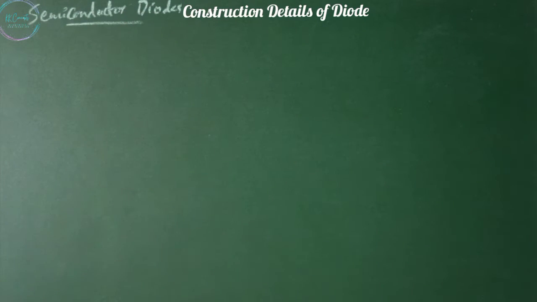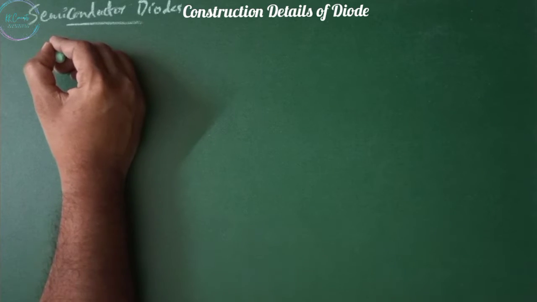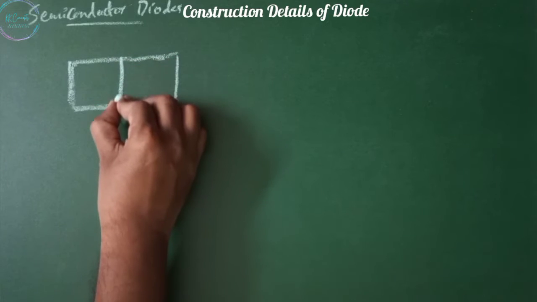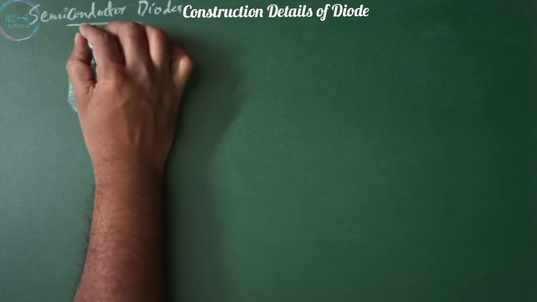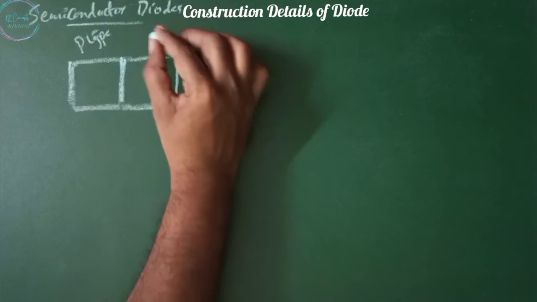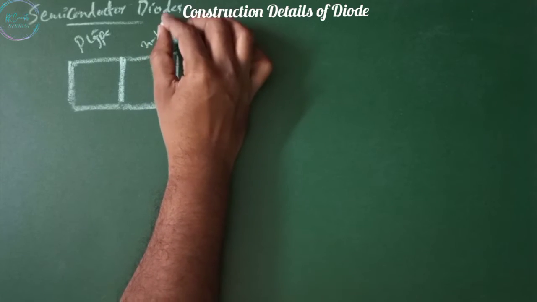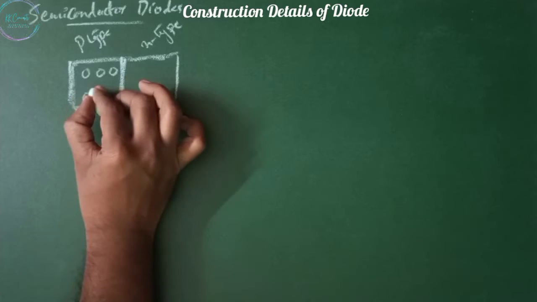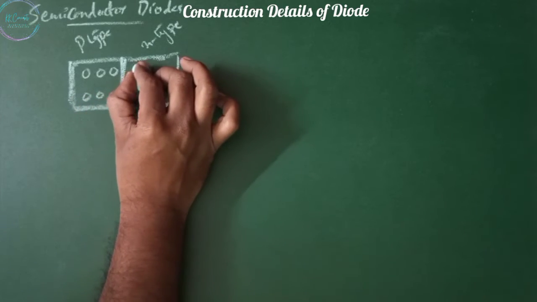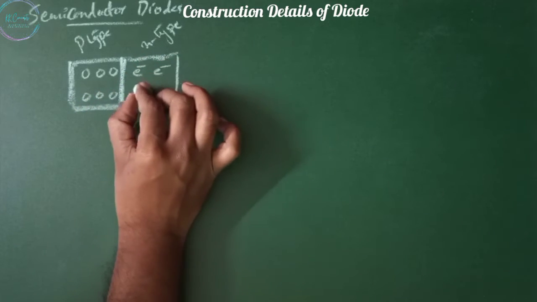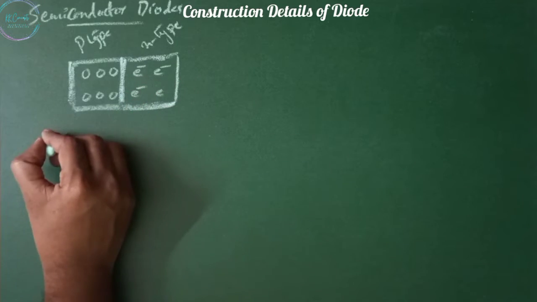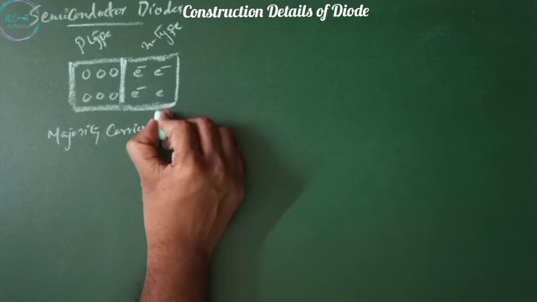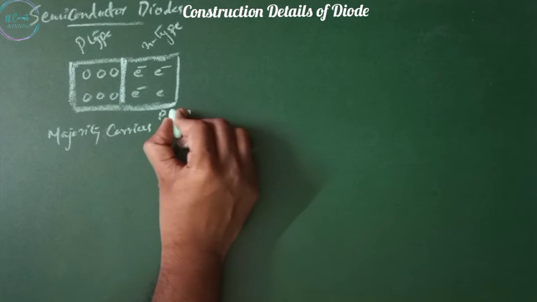Semiconductor diodes. A diode is a two-terminal PN junction device. This is the junction. This is P type and this is N type. P type has holes and N type has electrons as majority carriers: holes for P type, electrons for N type.